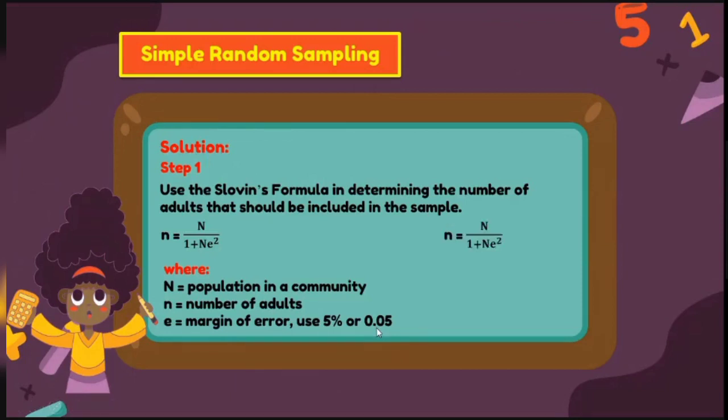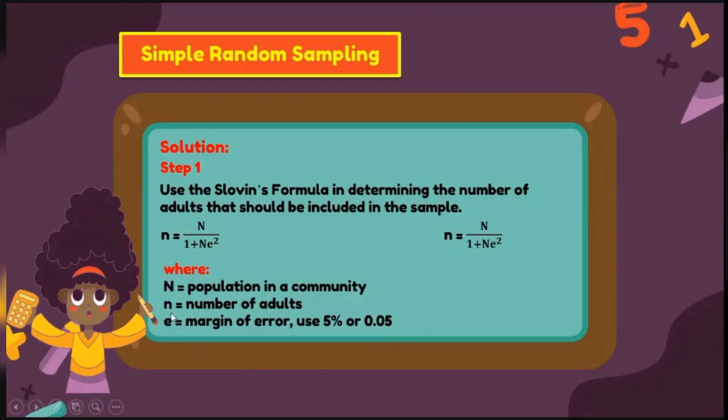Follow this given formula. Based on our problem, the value of capital N is the population in the community, which is equal to 800, and we will use the decimal value 0.05.